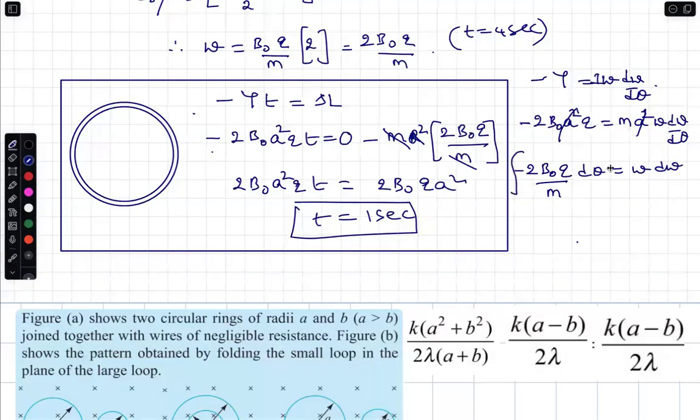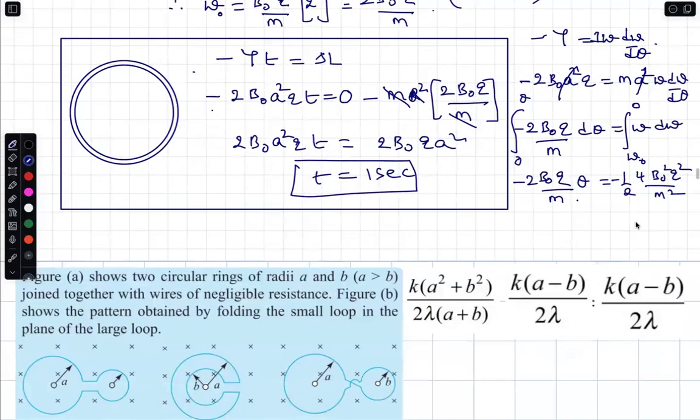So by the time the entire thing comes down, initially it is omega naught. Finally 0. Theta is 0 initially, finally theta. So minus 2B naught q by m theta is half omega naught square, which is nothing but 4B naught square q square by m square. Minus cancels on both sides.